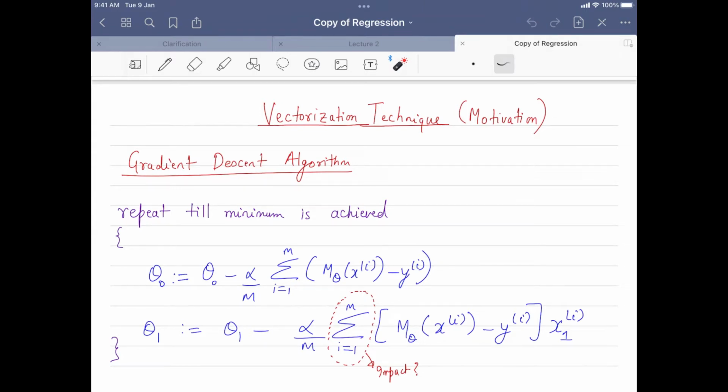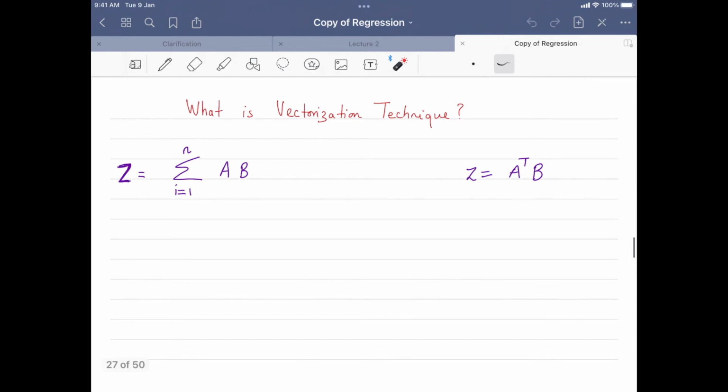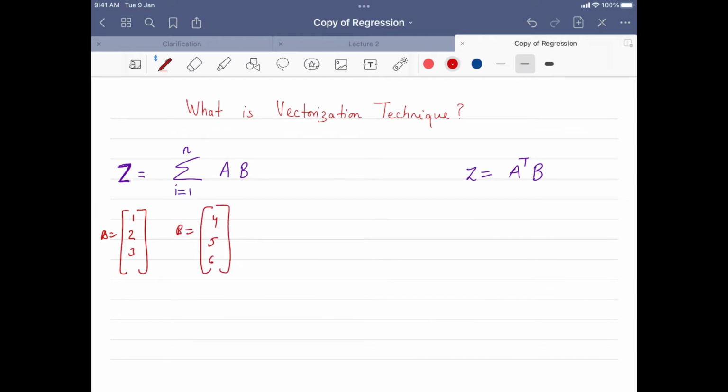So if you see here, let us say you have a and b, which are one dimensional vectors. If a is, let us say, 1 2 3, and b is 4 5 6, then if you write a for loop for multiplying a and b together to get the answer z, you know the process.